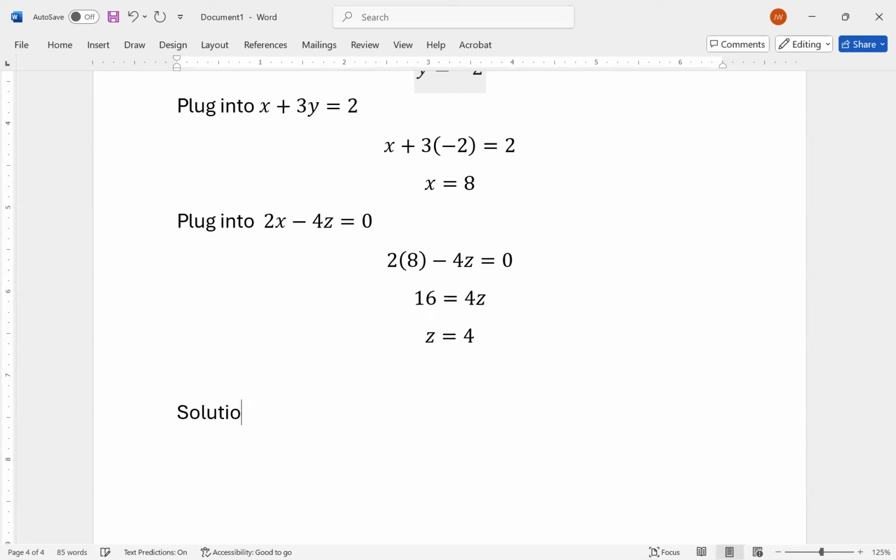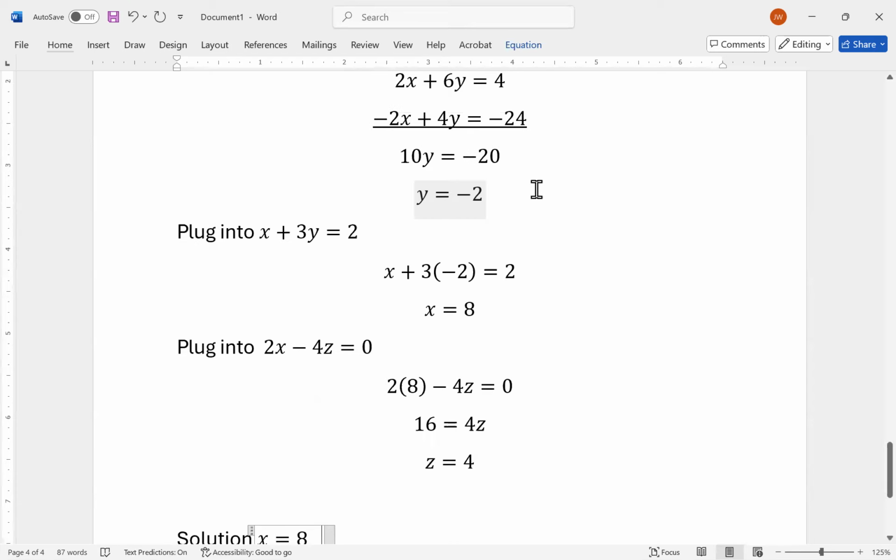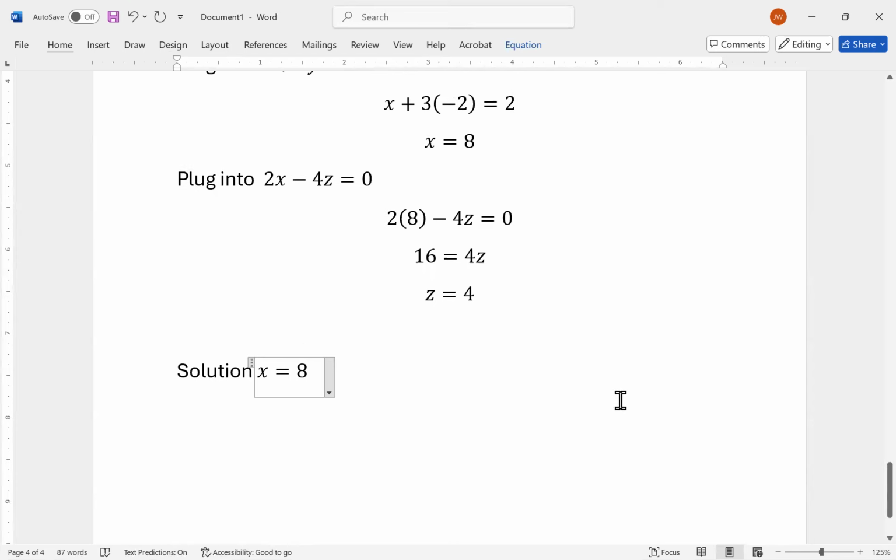So my solution happens when x is equal to 8, y is equal to negative 2, and z is equal to 4. As an ordered triple, that would be 8, negative 2, 4. Again, x, y, z in that order.